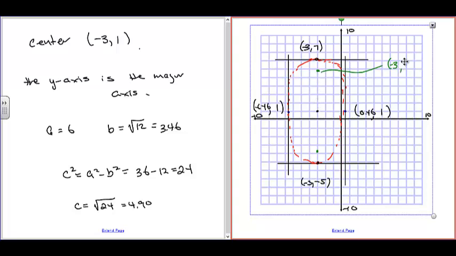It's going to be 5.9. And then if you go the other direction, you go 1, 2, 3, 4, 1, 2, 3, negative 3.9. So this one is going to be negative 3, negative 3.9.